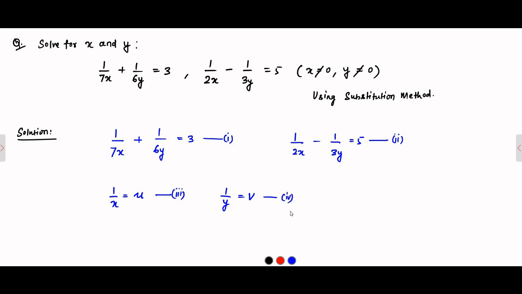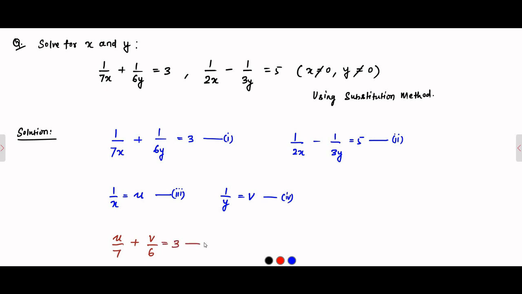So when we substitute these changes that we have made in equations 1 and 2, we get, since 1 by x is equal to u, u by 7 plus v by 6 is equal to 3.